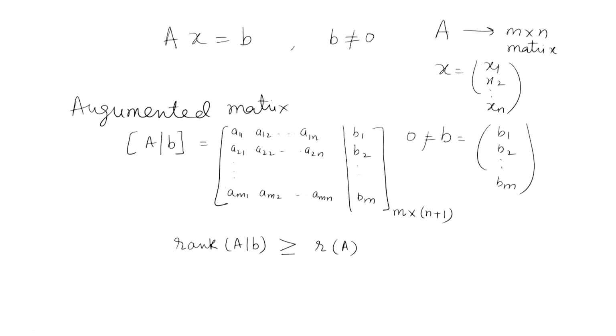So, it has order m cross n plus 1, which is of higher order than m cross n. So, the rank of the augmented matrix will always be greater than or equal to the rank of A.